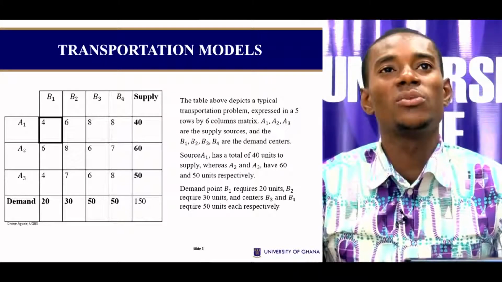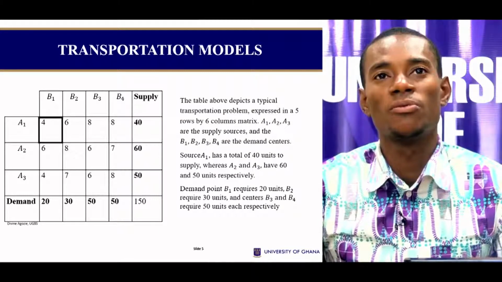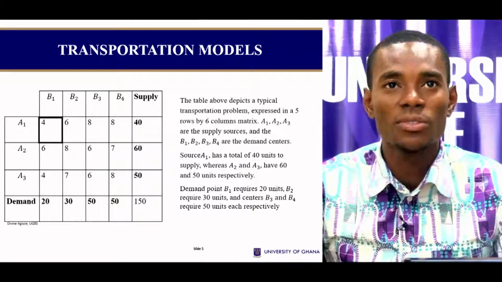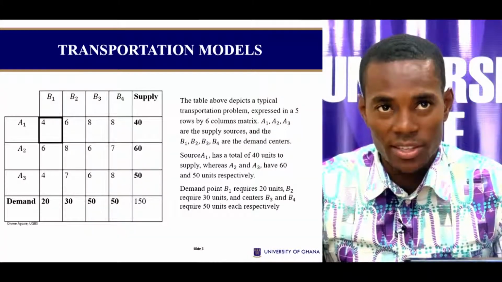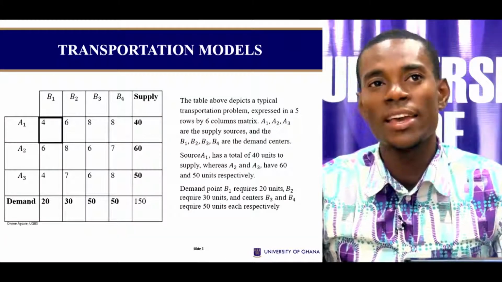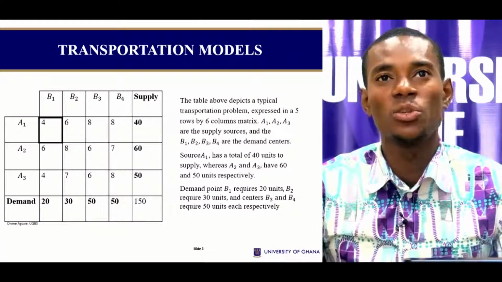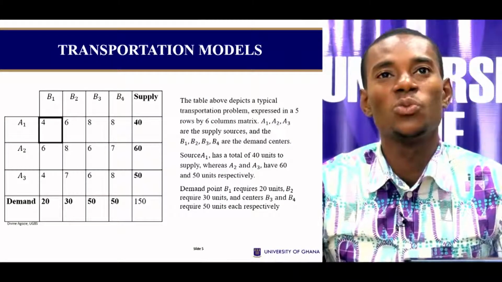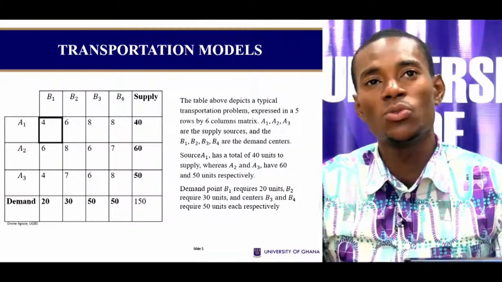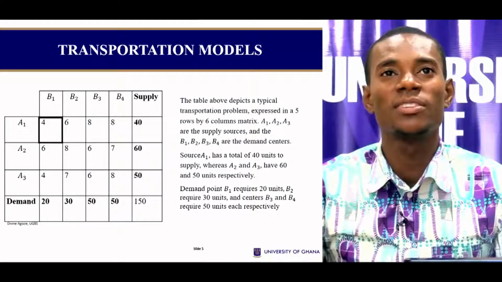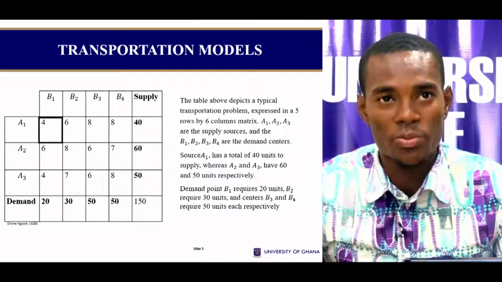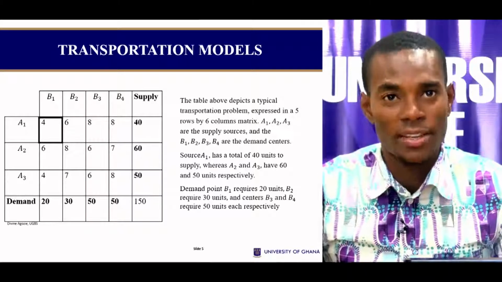So you see we have B1, B2, B3, B4, which are our columns representing the demand centers. And then we have A1, A2, A3, which are the supply centers, on our left. So those are the rows.